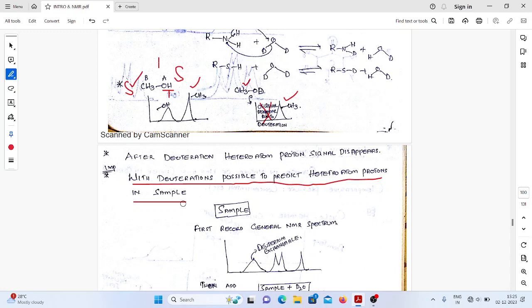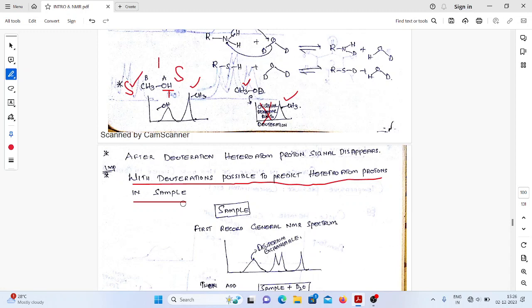Then what happens? If an OH, NH or COOH group is present, that proton is replaced with D or not? That's why in the unknown sample, you have the spectra, right? By adding the heavy water, you have the spectra.